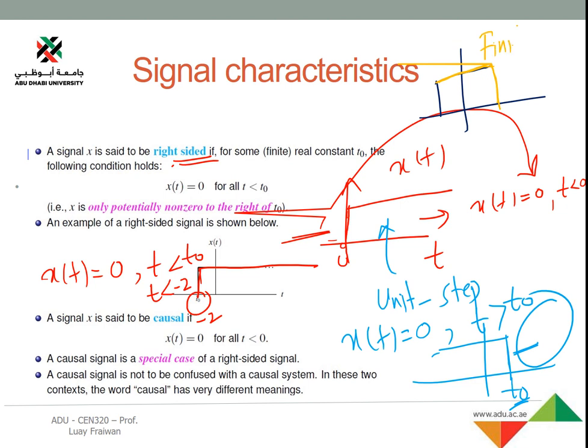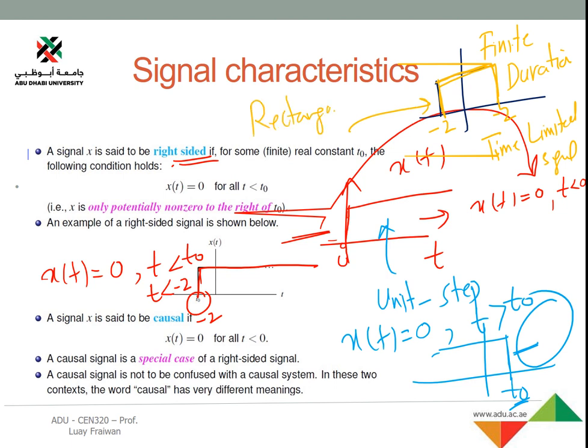It is called finite duration because it exists just for a short time, for example from -2 to 2. So by combining left and right sided signals we can get a finite duration signal. This signal is actually called a rectangular signal. We will see more details about rectangular signals later on, in the next lecture.